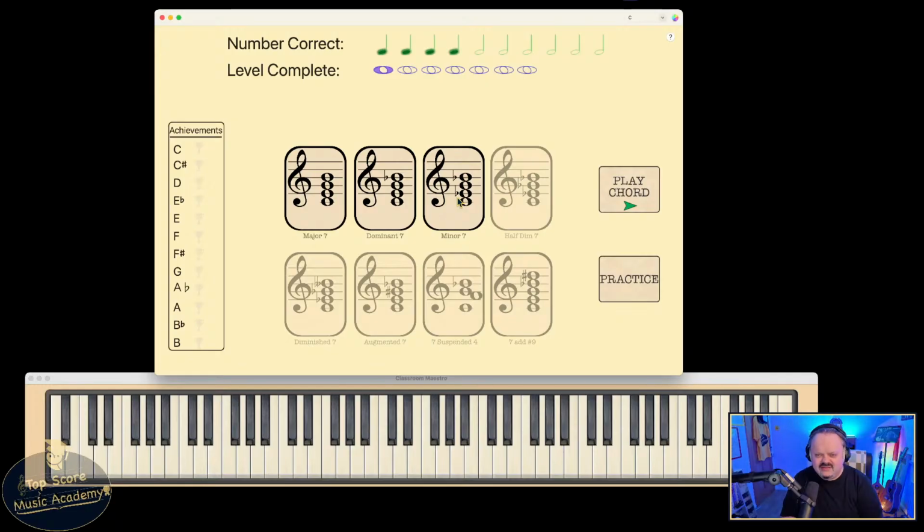They don't have the flats in them that you need to make them dominant 7ths. That's where a lot of the blues music sound comes from. There are a lot of tendency notes in blues music, where certain notes want to resolve.